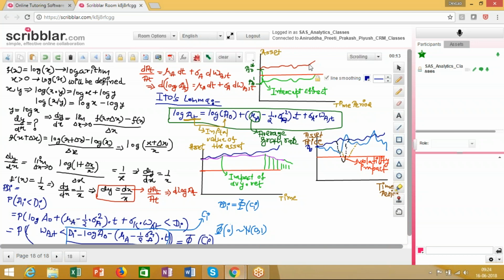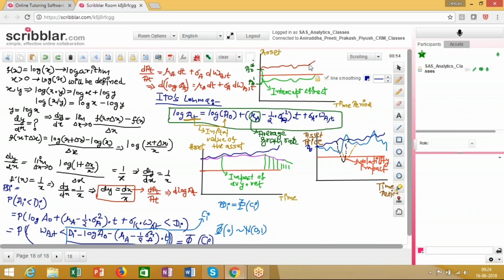And to define this probability of default, one thing that we had identified in the last class was that it is the value of the Wiener variable which creates an impact on the probability of default measure.